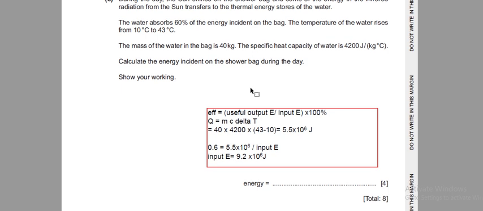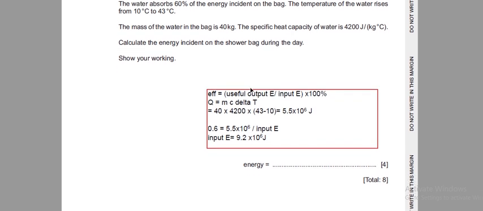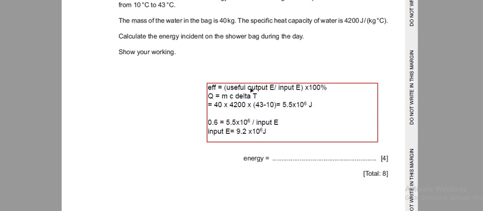Water in the bag absorbs 60%, the temperature rises from 10 to 43, the mass of water is given, the specific heat is given. Calculate the energy incident on the bag during the day.